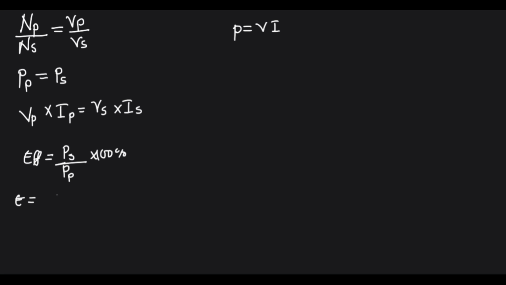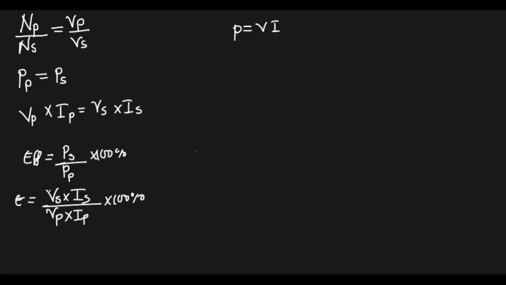So this will give us voltage on the secondary times the current on the secondary divided by voltage on the primary times current on the primary, multiplied by 100%. So these are 3 equations that we can use under the introduction for transformers.